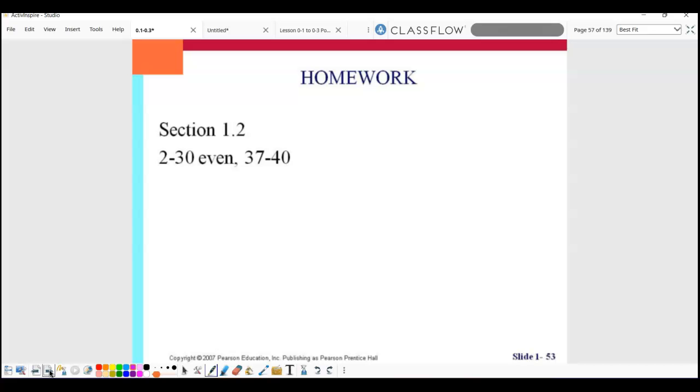Okay, so homework is in our book. You can change this, we'll change it to odds. That way you can check them again. Now I believe, and I will check it, I believe the 37 to 40, I think they're matching. So I think you have to do the whole group.